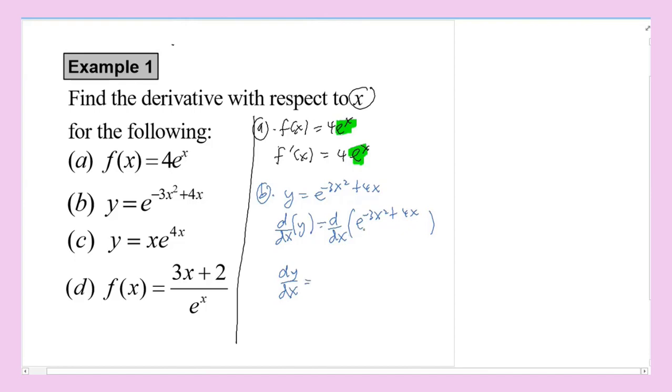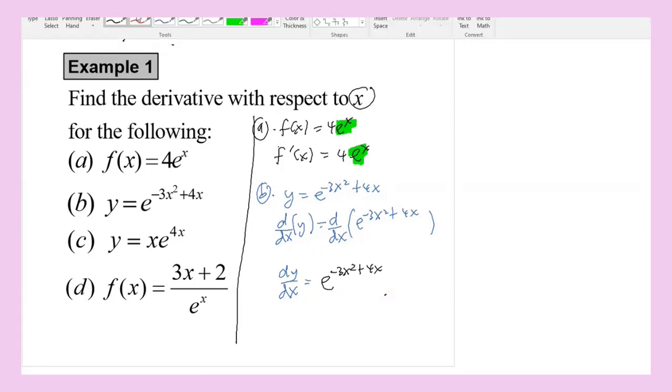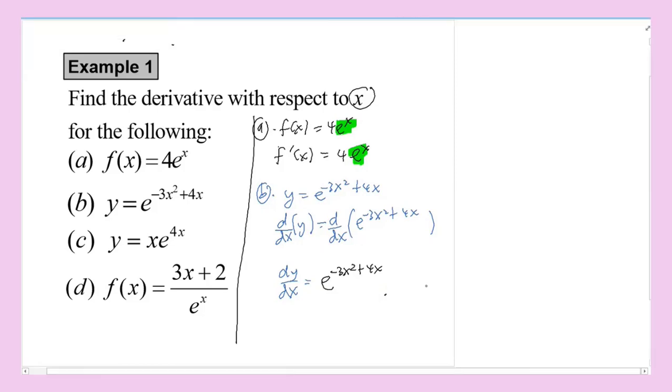And then this one dia kebal kan. Just copy je, copy e power negative 3x squared plus 4x. Then you need to differentiate whatever in the power dia. Ni, differentiate negative 3x squared plus 4x.